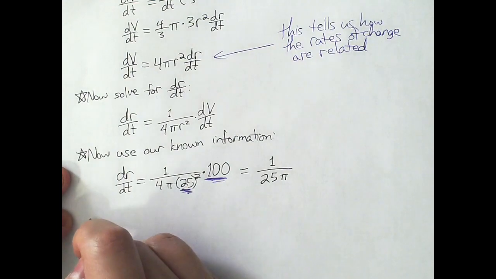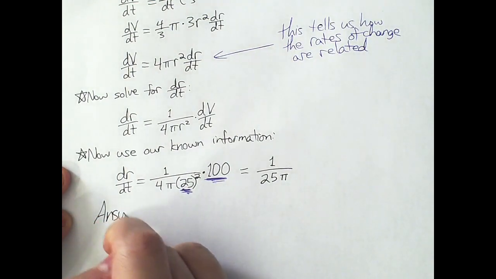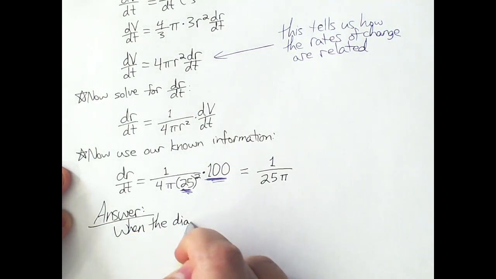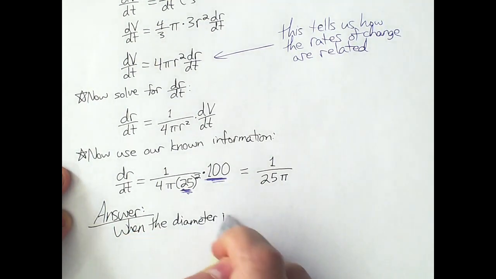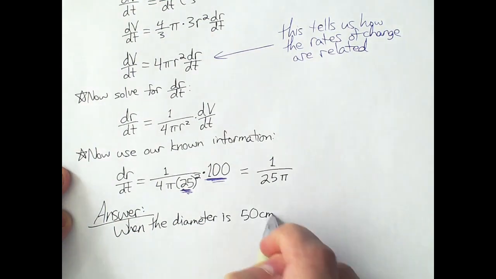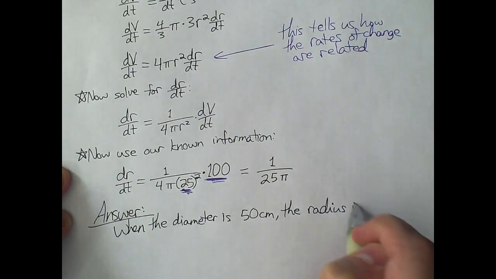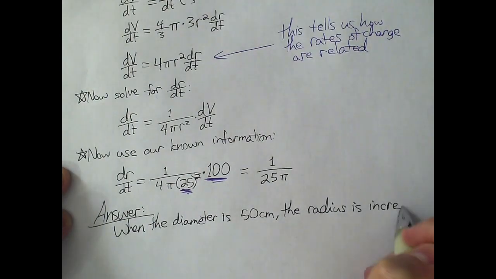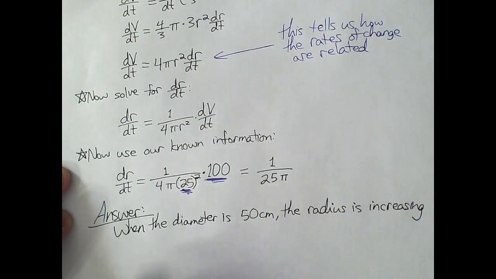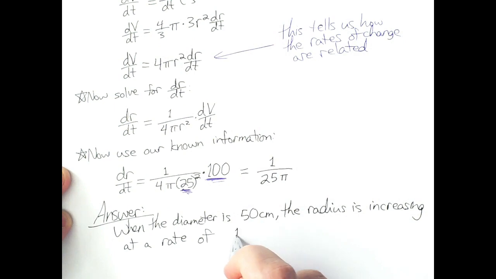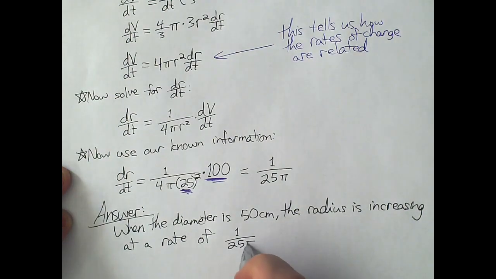So I'm going to write the answer. We found it. When the diameter is 50 centimeters, the radius is increasing at a rate of 1 over 25 pi.